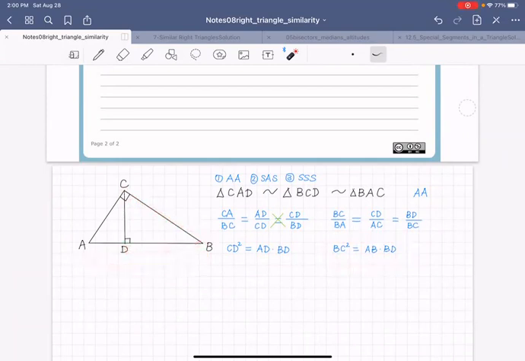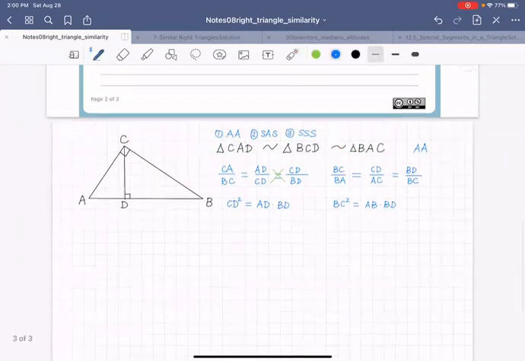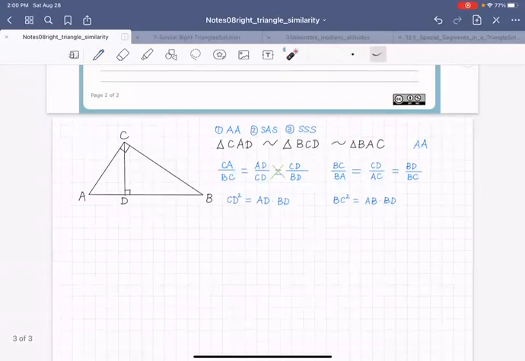Now, Branson, let's do this triangle with this triangle. The first one and the third one.